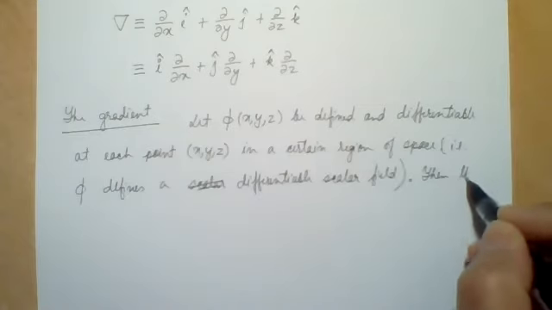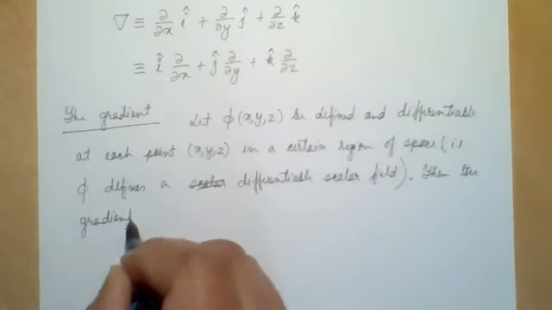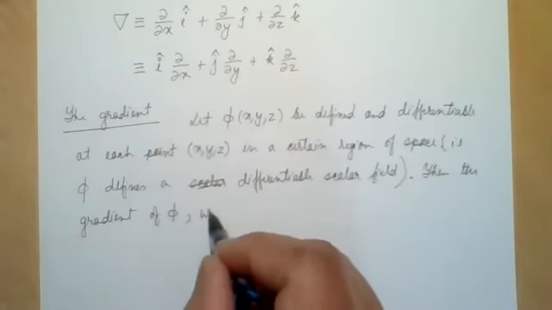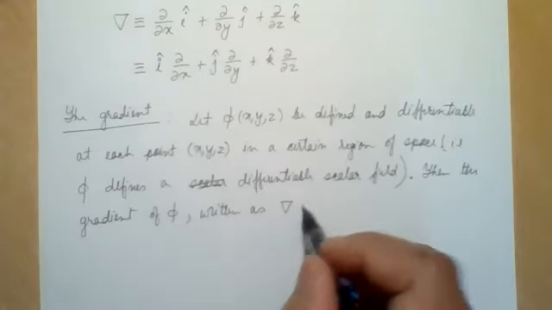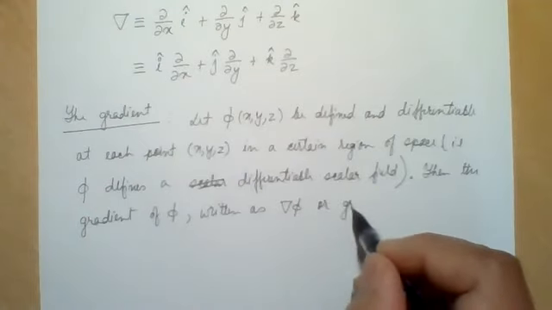Then the gradient of phi is written as del phi or grad phi.